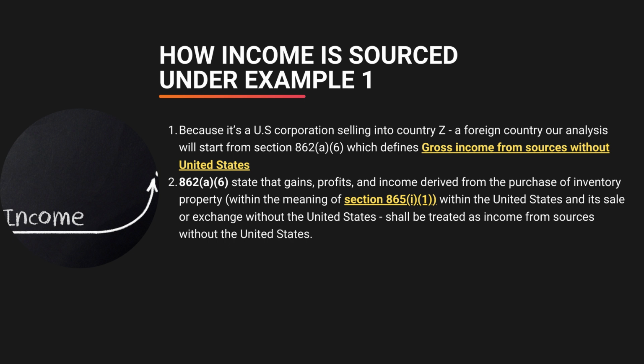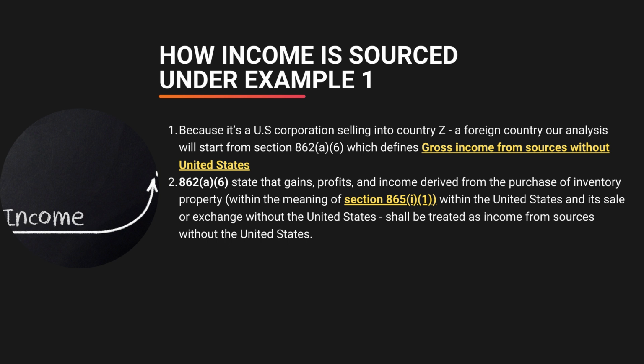The U.S. regulation says that a sale of inventory purchased from outside the United States and sold within the U.S. is U.S. source income. That is section 861(a)(6). But in this case, we're going to use section 862, which talks about gross income from sources without the United States. So let's do reverse engineering in this aspect.